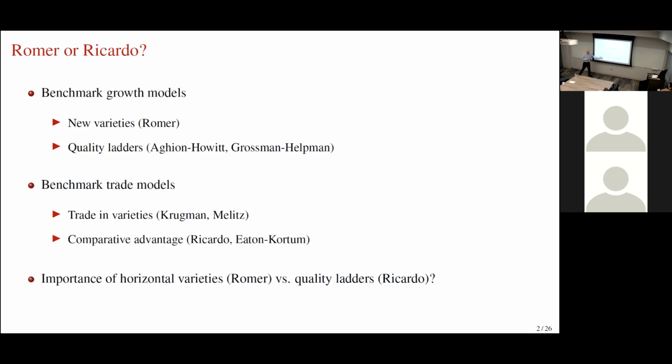One is we're adding the variety dimension and trying to play them off against each other, and then adding the empirical dimension. We're not fully nesting it though, because they had endogenous draws for innovation, and we're going to have exogenous arrivals, as you'll see. So we're not totally nesting them, but certainly we're adding the horizontal varieties, and we're going to try to come up with data to back out the relative importance of these things.